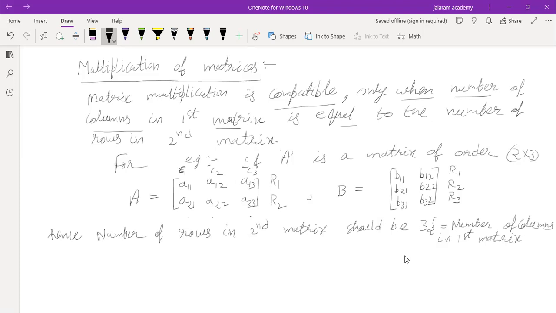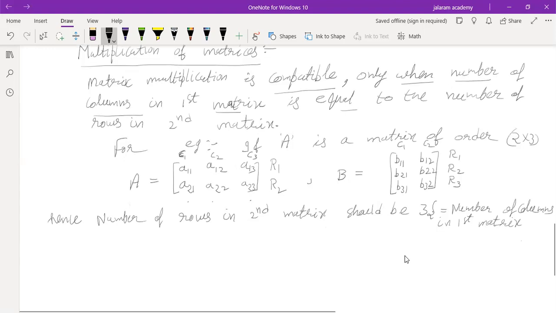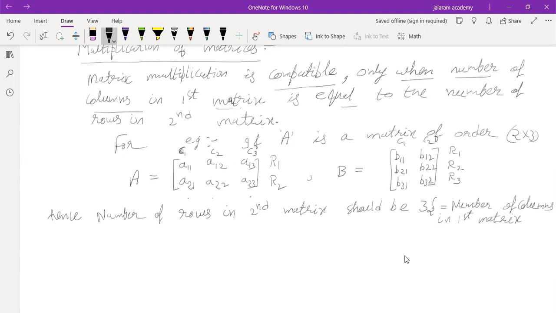Number of columns can be different in this. We have taken 2 for simplification, as it is easier to write fewer elements to explain the multiplication. Why, we will know after the discussion. So always remember the number of columns in first matrix is 3, so the number of rows in second matrix must also be 3.